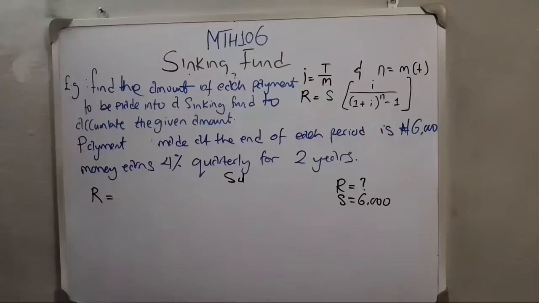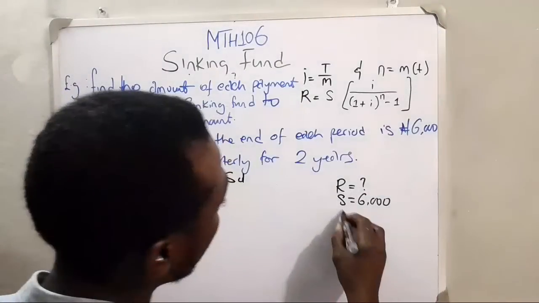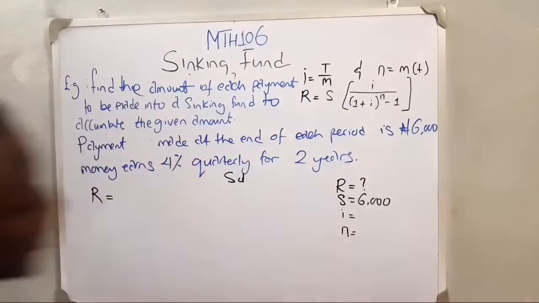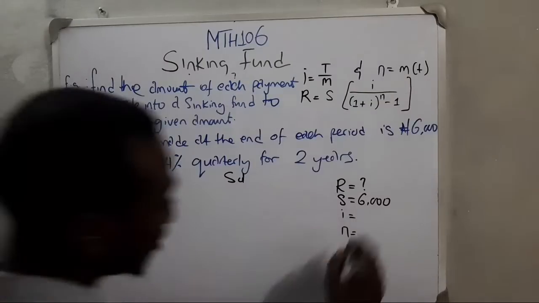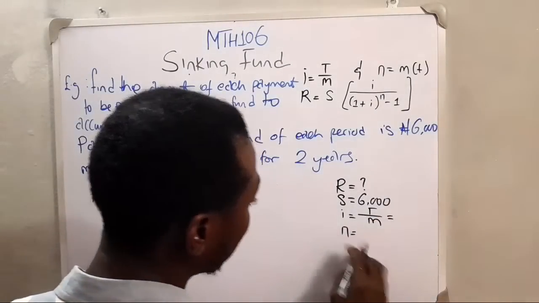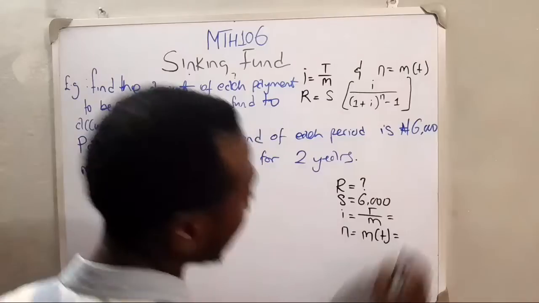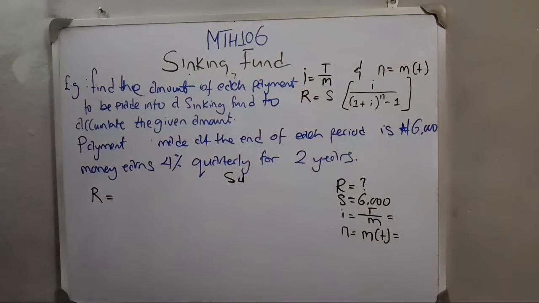And what else? We don't know what our I is, and we don't know what our N is. To get our I and our N, we have to apply some formulas: I is R over M, and N is M into bracket T. Now, what is our R?